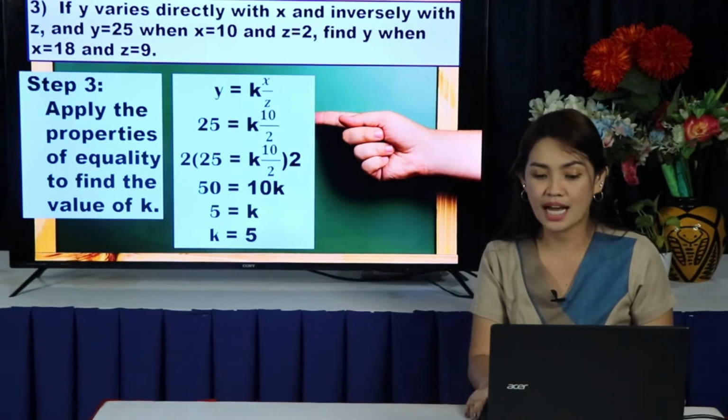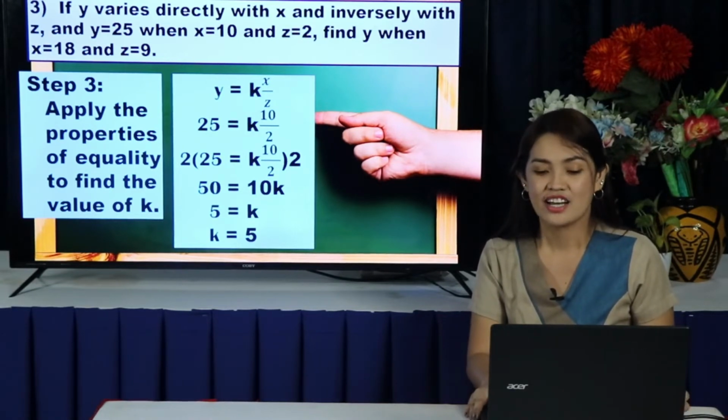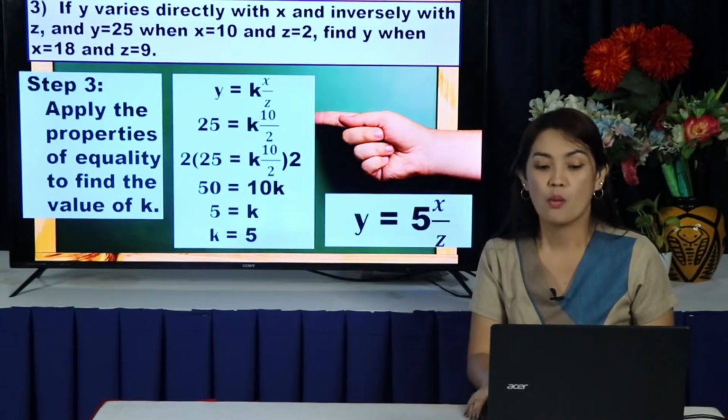Simplify. So it becomes 50 equals 10K. Divide both sides by 10. It becomes 5 equals K, or K equals 5. Hence, the general equation is y equals 5 times x over z.